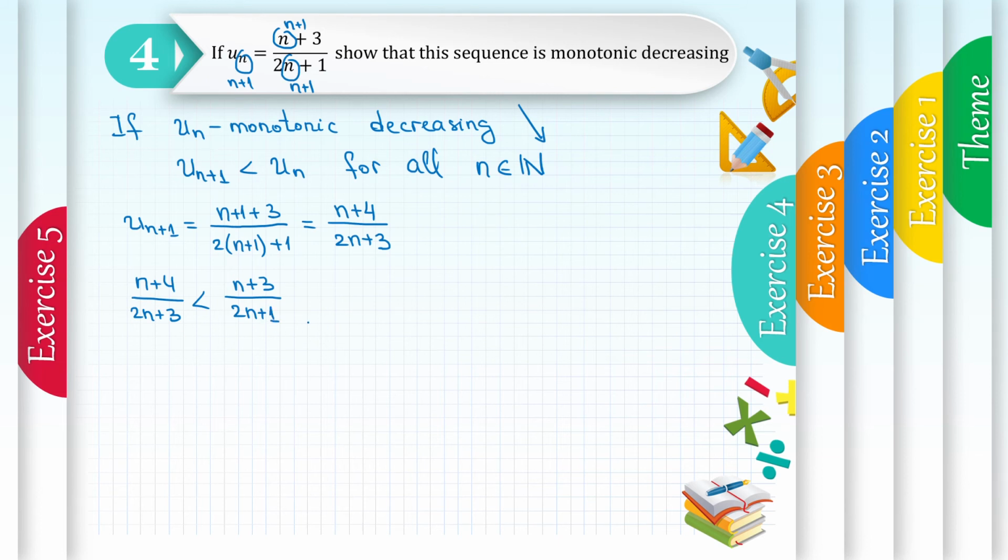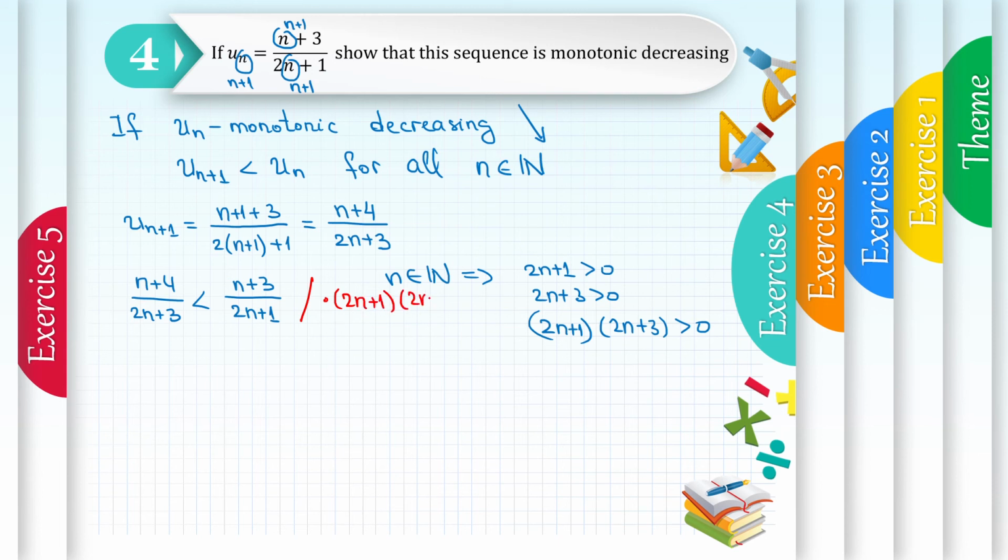How are we going to prove this? Because n is a positive integer, for sure 2n+1 is more than 0, and 2n+3 is more than 0. So this means that the product of 2n+1 and 2n+3 is more than 0. So we can multiply this relation with (2n+1)(2n+3).